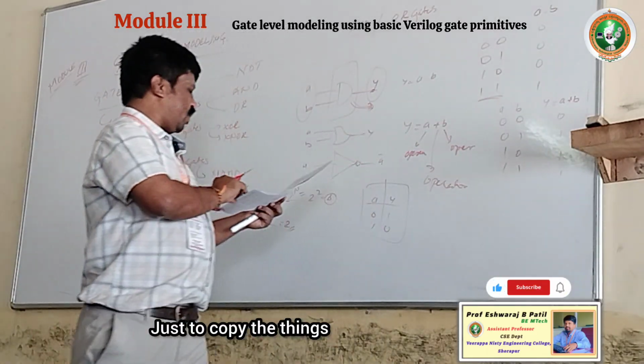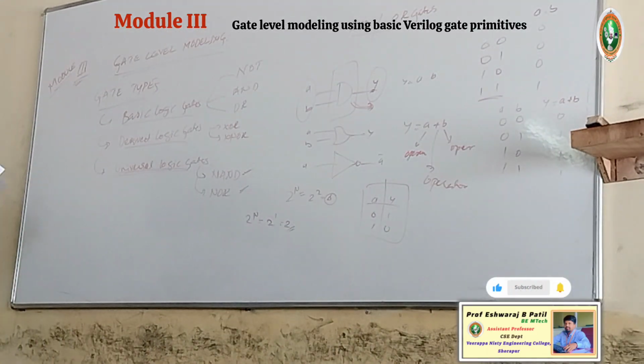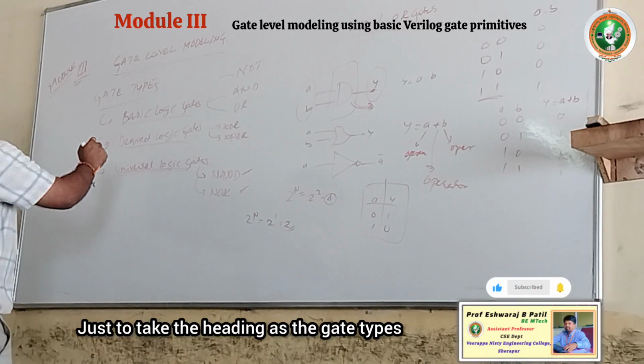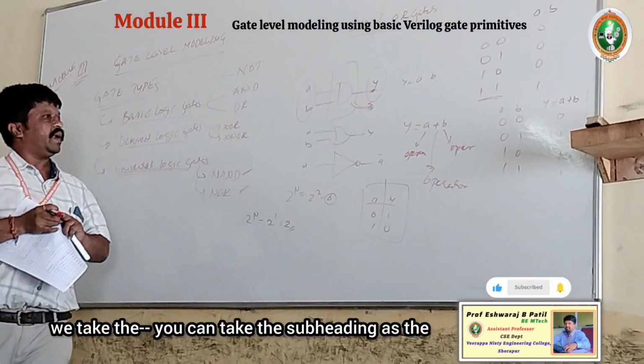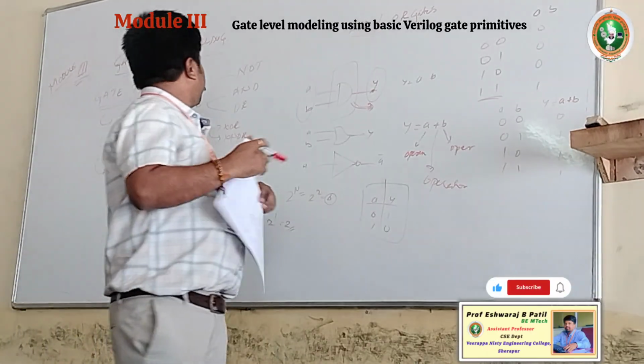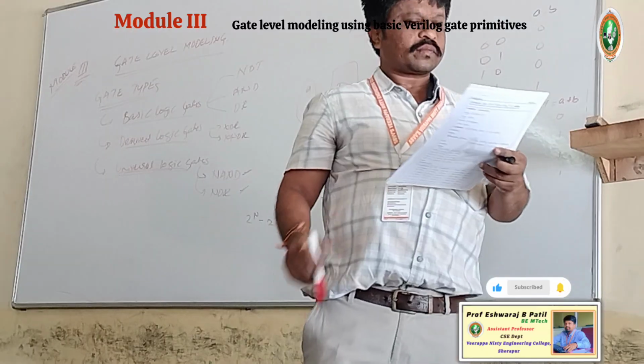Just copy what I said now. Take the heading as gate types. Gate level modeling. In this, you can take the subheading as gate types.